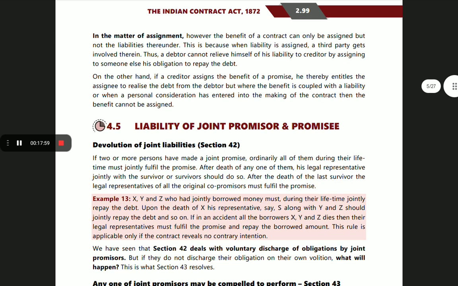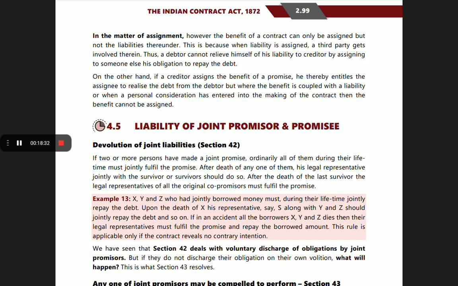Liability of joint promisor and promisee. Devolution of joint liabilities. Section 42. If two or more persons have made a joint promise, ordinarily all of them during their lifetime must jointly fulfill the promise.